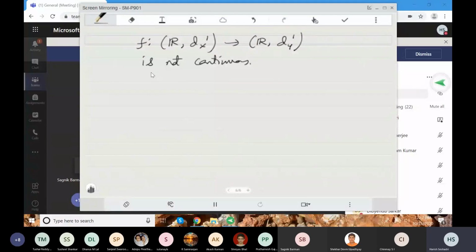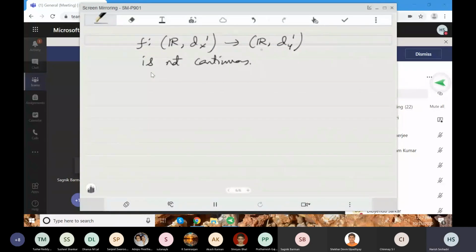For example, you can take the characterization of continuous functions that the inverse image of an open set should be open. As we saw, a ball of radius r, if r is less than 1, is just a singleton, but that is an open set. So singletons are open in the target.